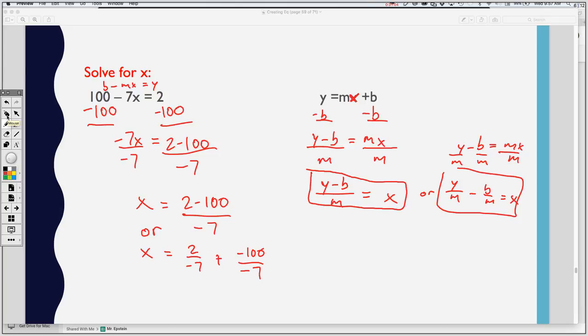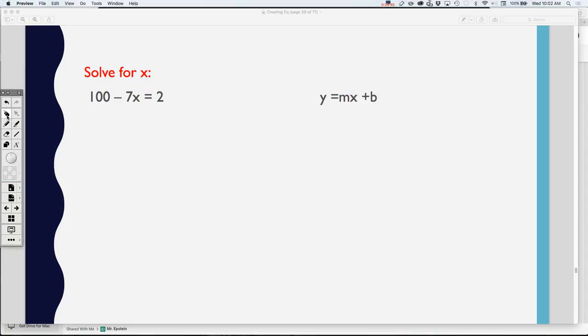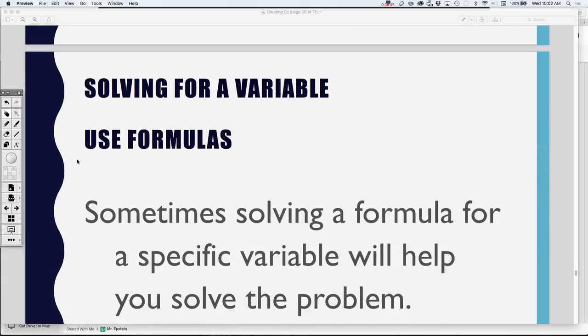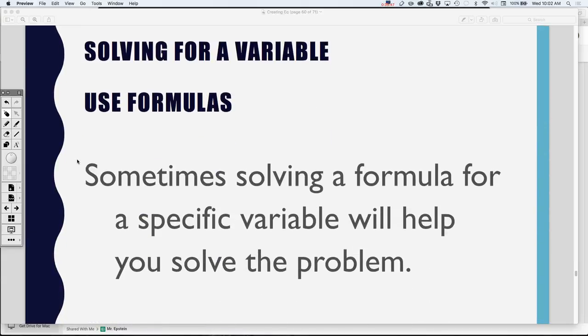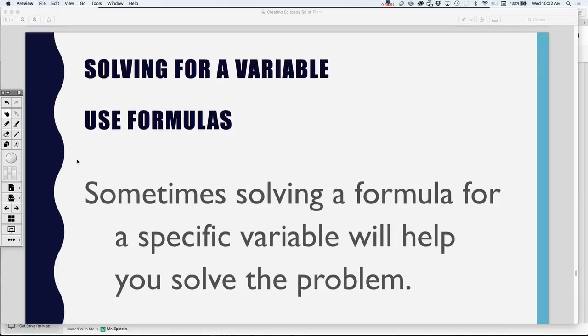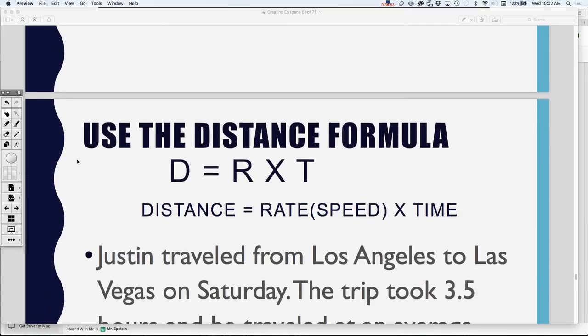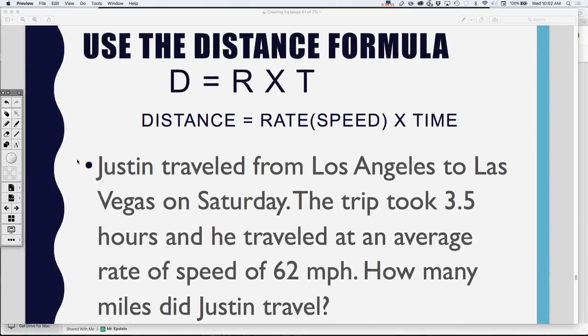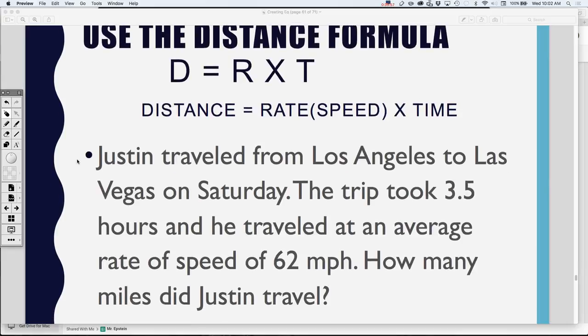Okay, solving for a variable. Use formulas. Sometimes solving a formula for a specific variable will help you solve the problem. So something like the distance rate formula, this is where what we're learning in this section would really help, because if you're solving for distance, your formula is right there. We have distance equals rate times time. But if you're solving for rate, rate isn't by itself yet.